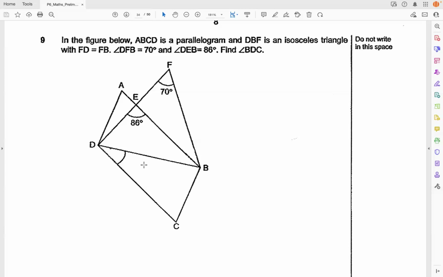Then again, how come people can still solve angle questions that look so different from previous questions they learned before? It's through experience. By now you should know all your fundamentals on angles: angles in parallel lines, angles in a triangle, equilateral triangle, isosceles triangle. I'm pretty sure you know all these by now.